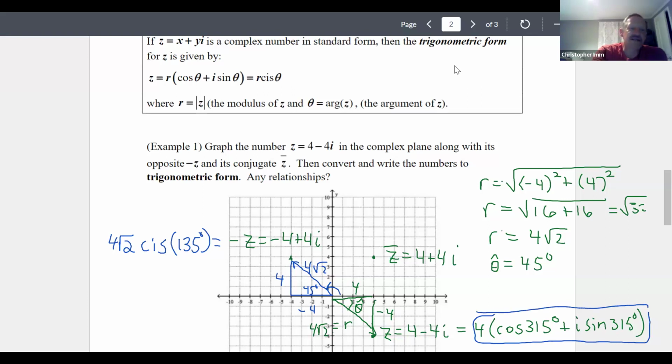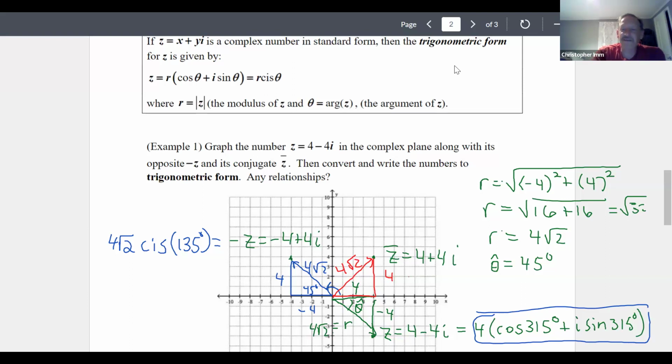Finally, to look at the conjugate, I'm going to go over 4 and up 4. And again, I realize that that modulus is going to be 4 root 2, and the reference angle is 45 degrees.